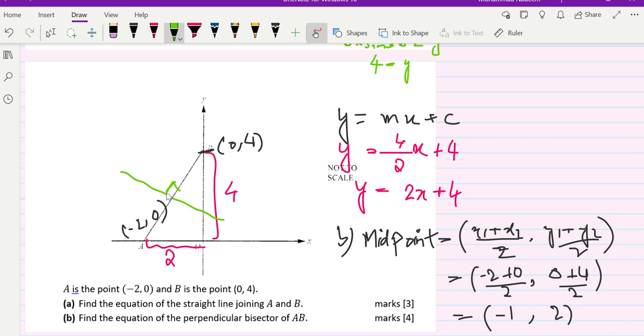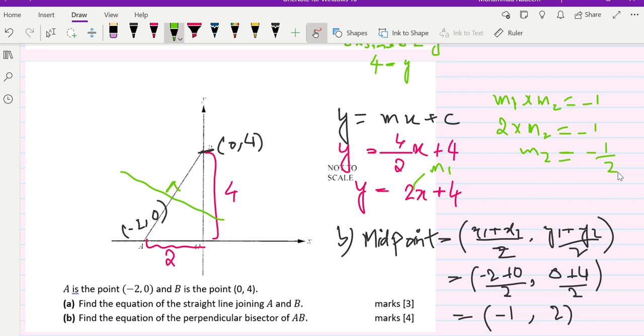For perpendicular lines, the formula is m1 times m2 equals -1. We worked out m1 in part A as 2. m2 is unknown, equal to -1. m2 will be divided by -1 on the other side, so the answer will be -1/2. This is the second gradient for line number 2, that is in green color.